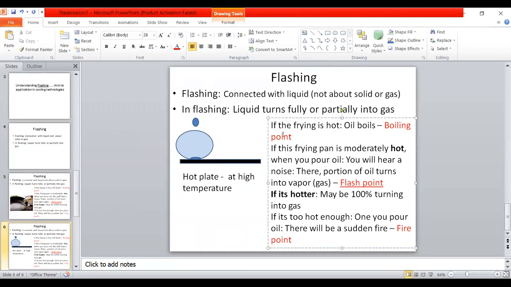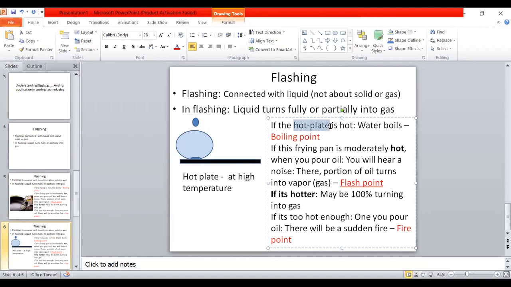Now, not the frying pan, this hot plate. Sometimes you use it to bake roti, also a hot plate. If the temperature is just at maybe 100, water boils.